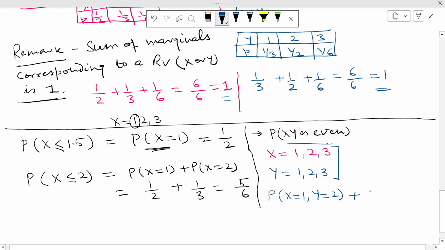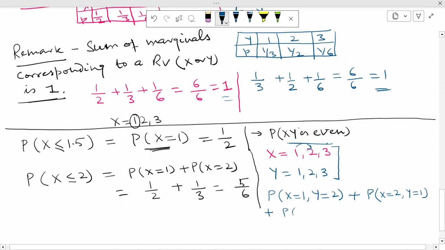Next, if you change to x equals 2, we know that any multiple of 2 is an even number. So for x equals 2, if you consider y equals 1, 2 into 1 is 2, which is an even number.